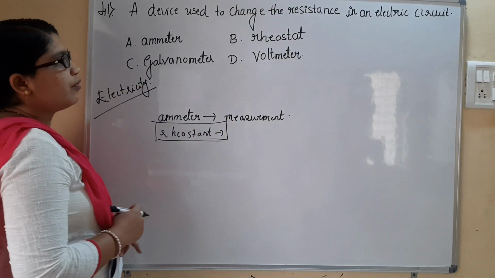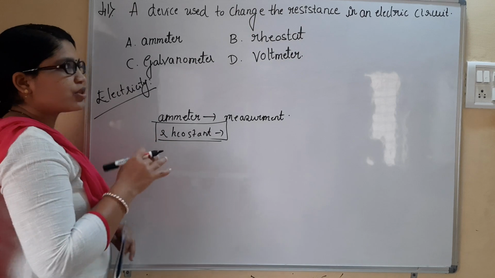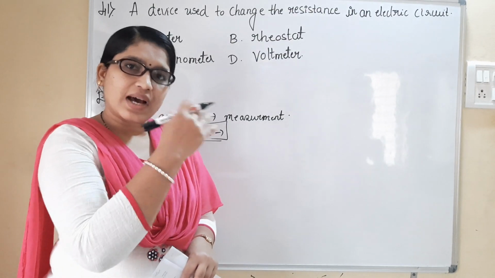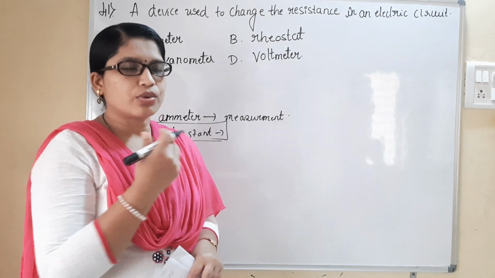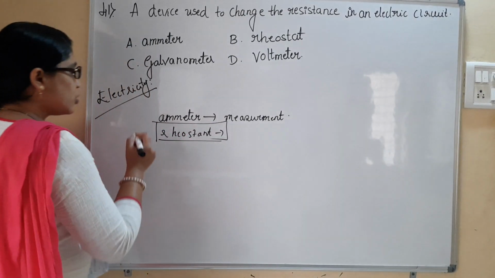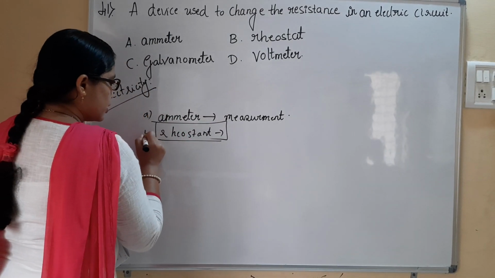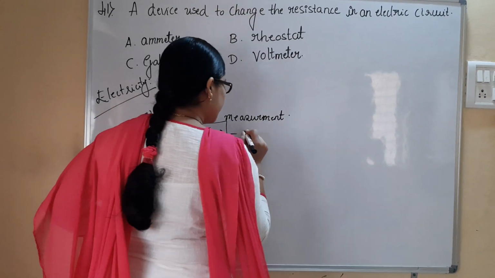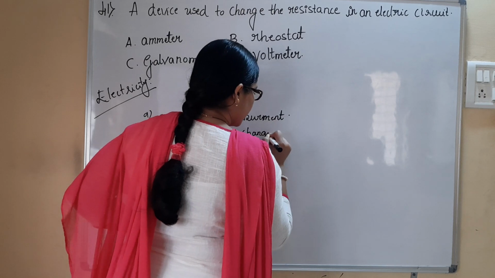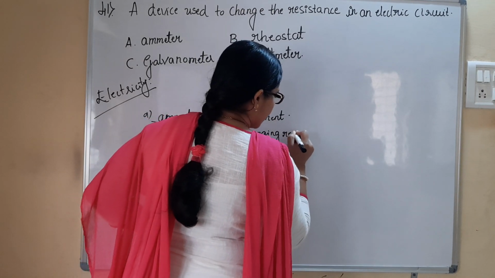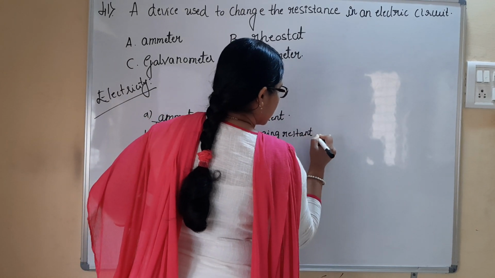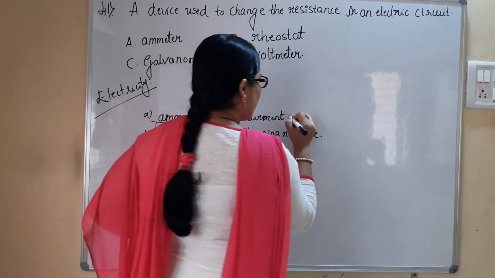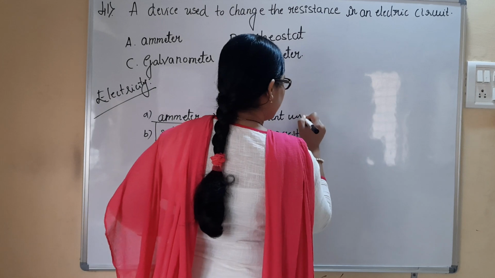Fine. Then we have seen galvanometer. It is not only the correct option we discuss, but also why the others are not considered correct. So those also we can discuss here. So ammeter we have understood: the first one is the measurement of electric current.